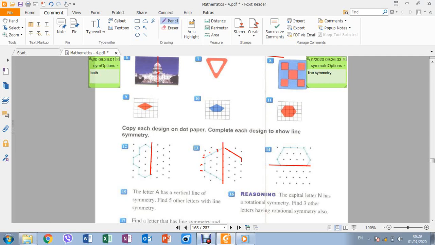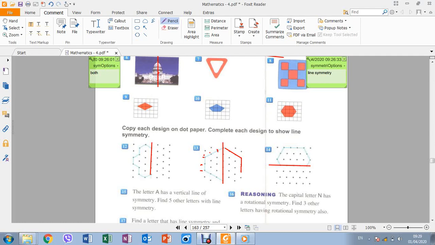Look, 1, 2, 3. This is 1, this one is 2, and the last one is 3. So I complete under there. Now I stop. When I stop, I start from that place.